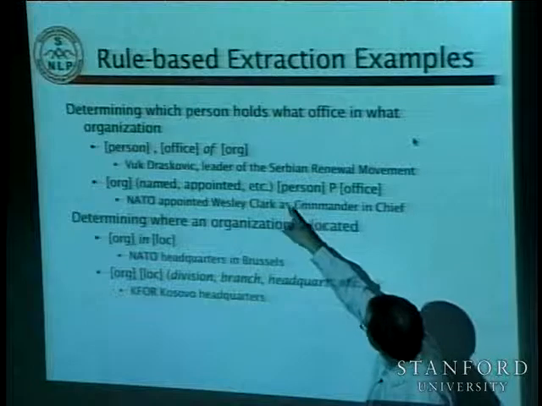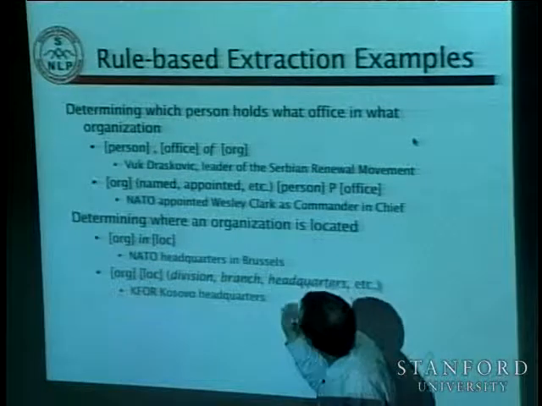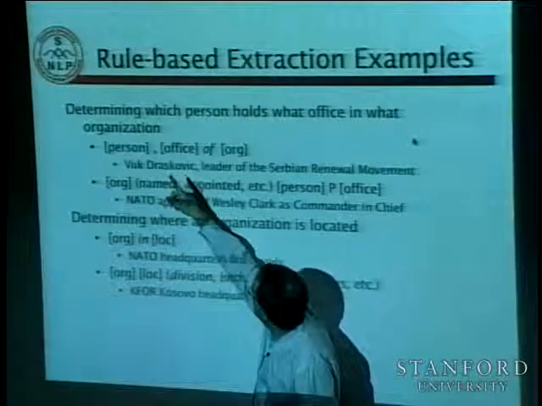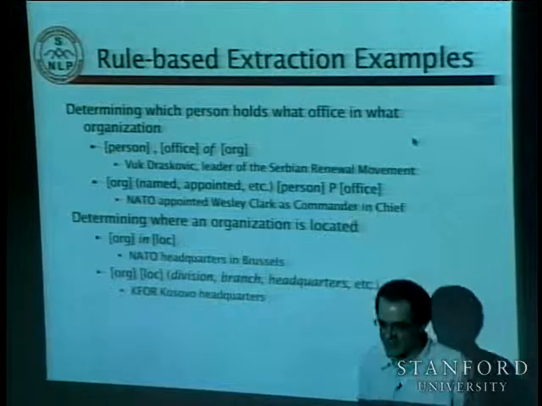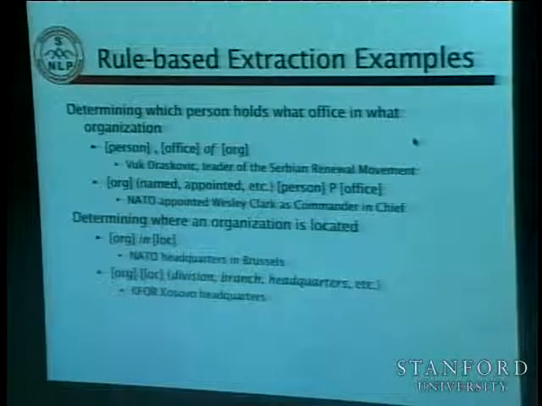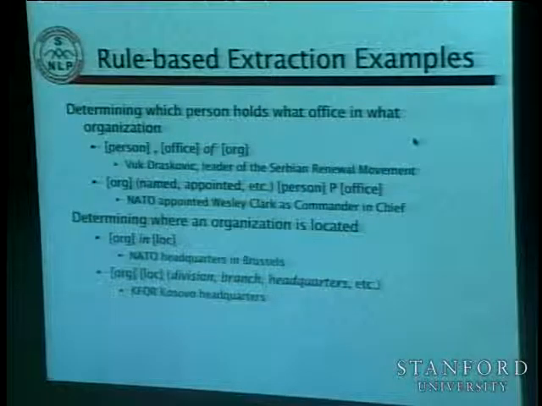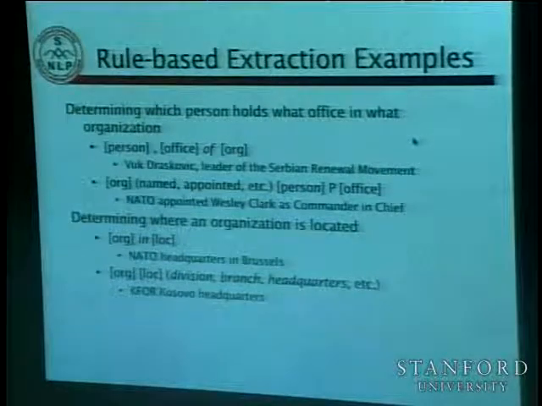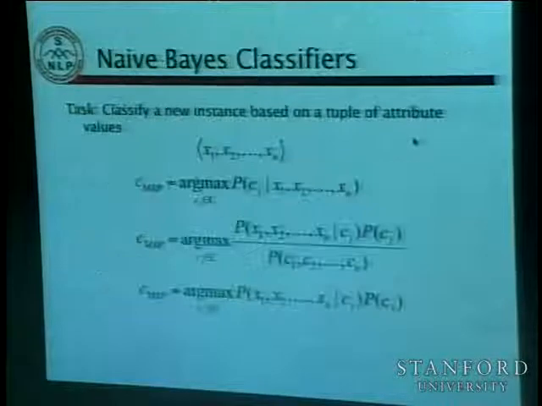If you want to determine who holds various positions, you can have patterns like person, comma, office of organization, which would match a pattern like this. And so people essentially would handwrite these, in the early days, would handwrite these patterns to match common things, and then some other work looked at automatically learning those patterns.